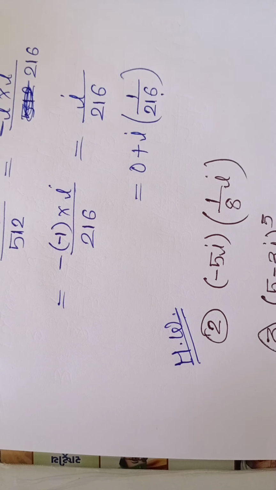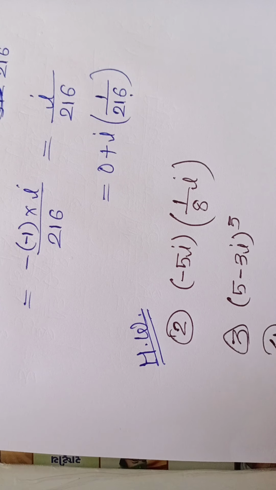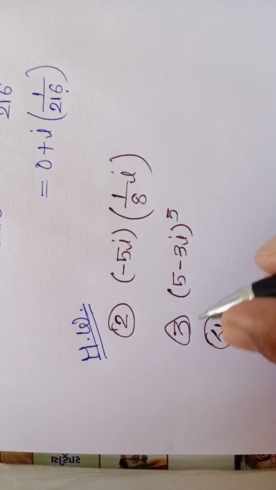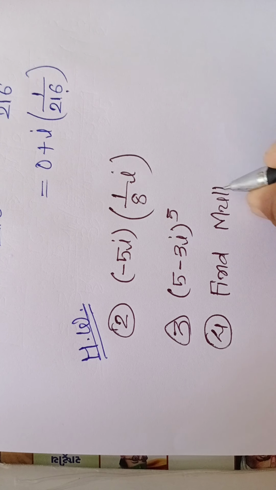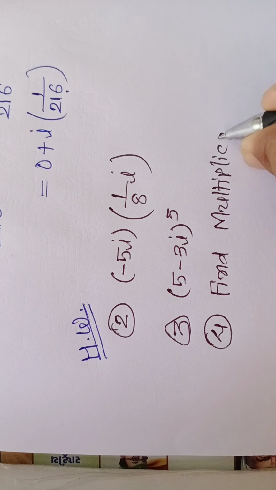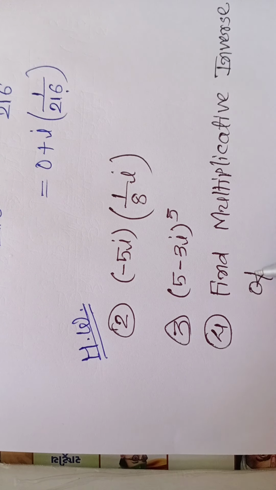And the fourth question, find the multiplicative inverse of (5 plus root 2i) upon (1 minus root 2i).